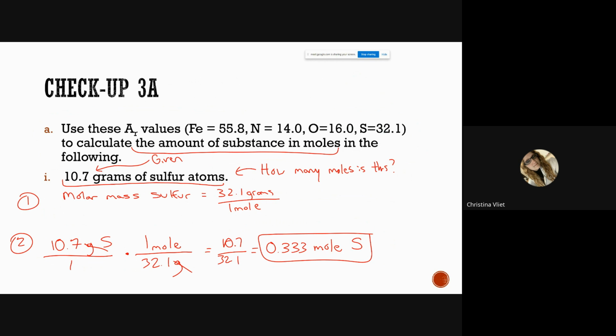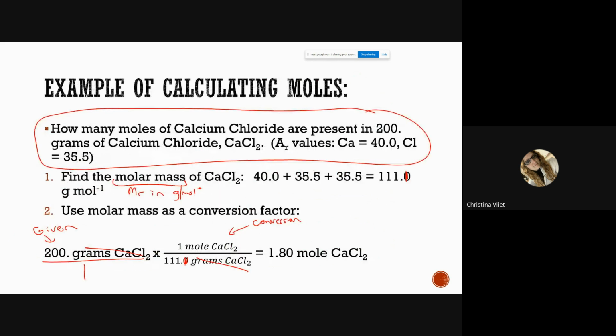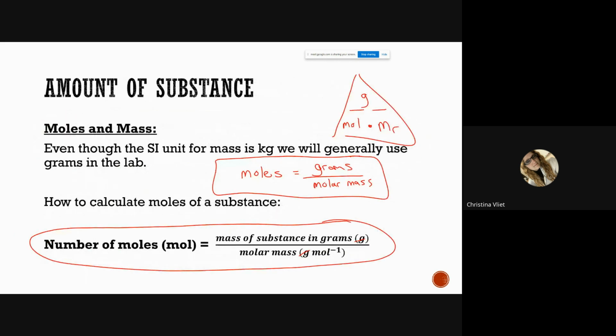Now what's the alternative method? Alternative. I hate math. Alternative. You have the grams. You have the molar mass. If I take the grams and divide by the molar mass, I will always get the moles.